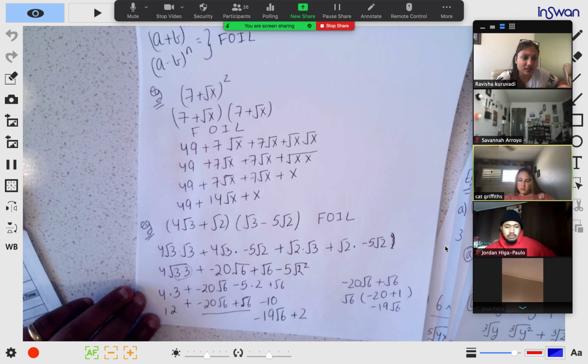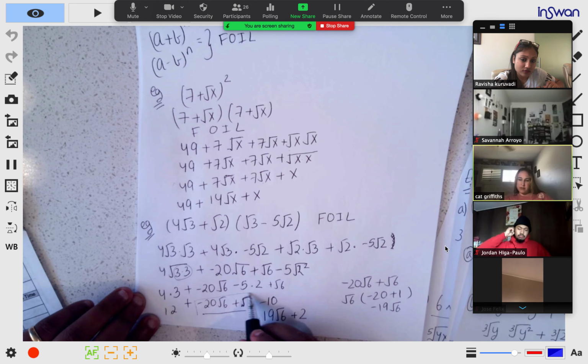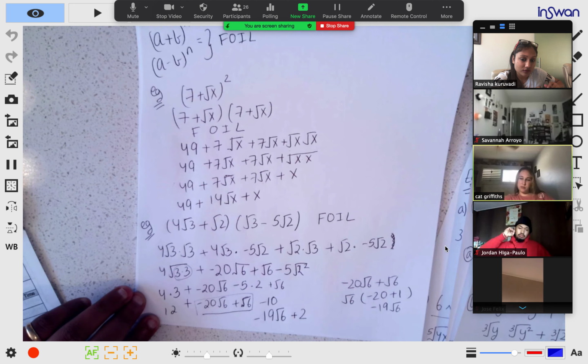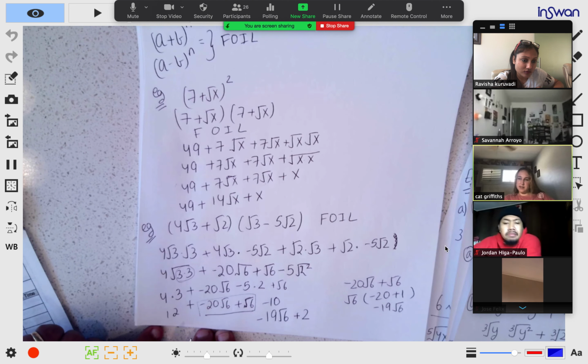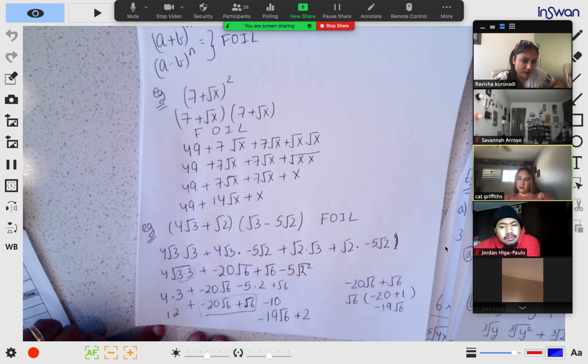Did you get it, guys? Okay, just a quick question. I thought if you had two square roots of a number, you would just multiply the square roots, like 6 times 6. You know what I mean?